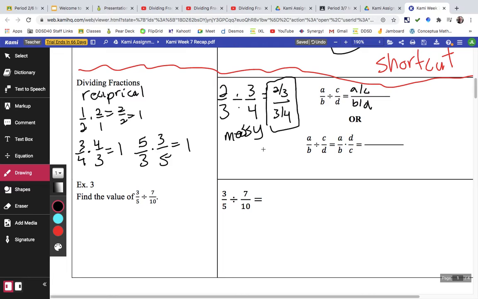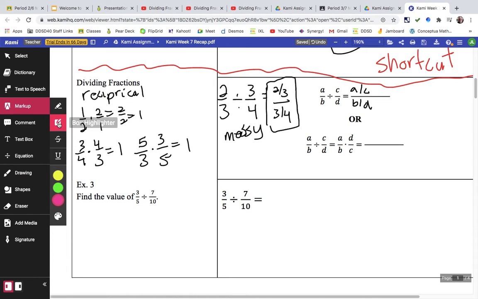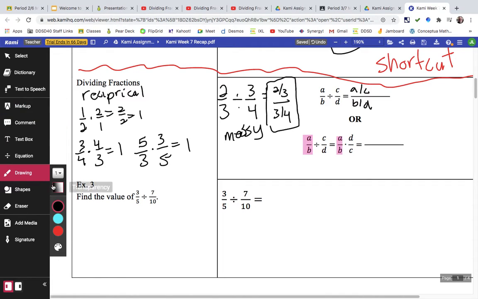So if we take the first fraction and we keep it the same, but we take the second fraction, the divisor, and we find the reciprocal, notice how this C is now a numerator, this D is now a denominator.